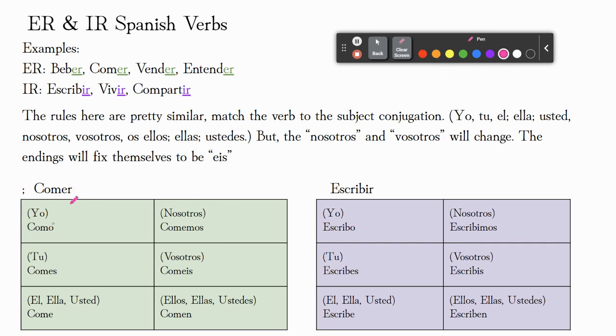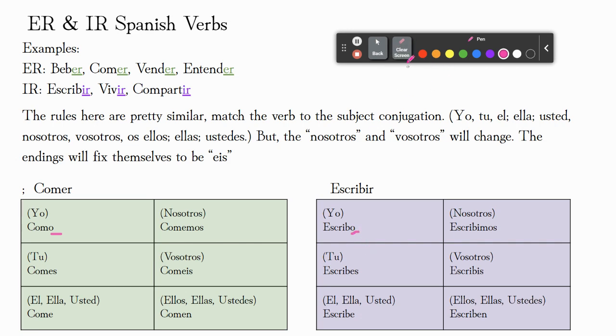Basically, conjugation is the exact same thing. For yo, they both end pretty similarly with the O. Yo como, yo bebo, yo vendo, yo entiendo, with an O at the end every time. And then for IR, yo escribo, yo vivo, yo comparto, which ends in O.